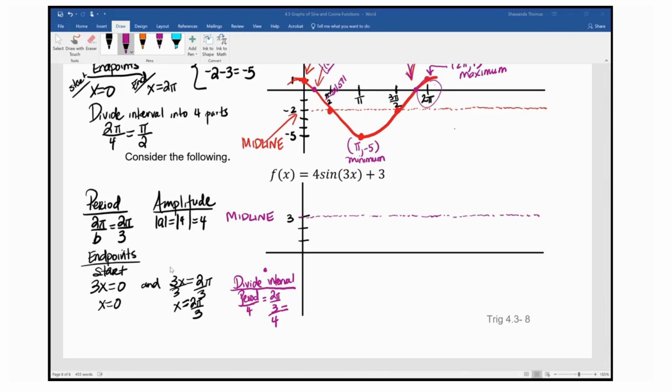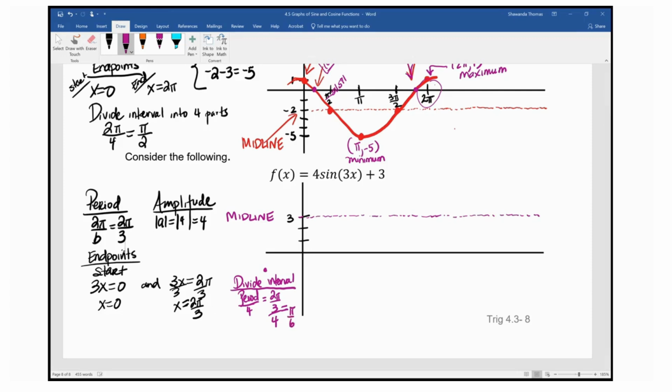All right, trig class. They're just fractions, right? What is 2 pi divided by 3 divided by 4? You got it. Two pi over 12 is correct, which reduces to pi over 6.